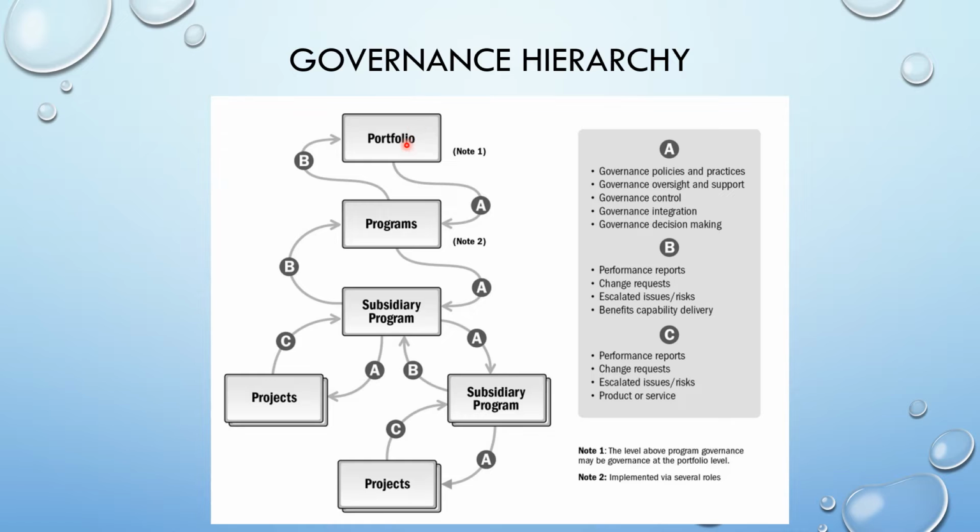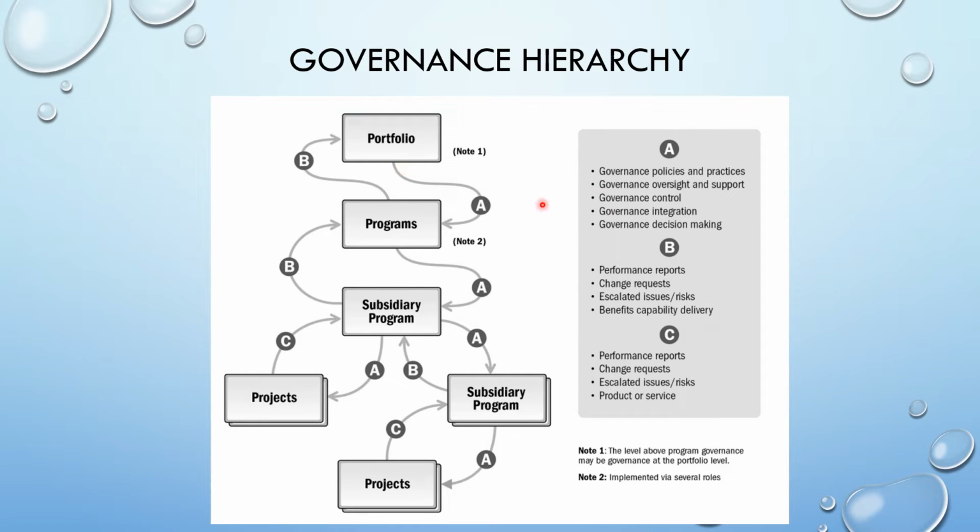If you look at that, there is a hierarchy defined, in that there is A, B, C. You see the structure of portfolios, programs and the subsidiary programs and projects, how the communication happens between each other, governance mechanisms and how the feedback is going along.